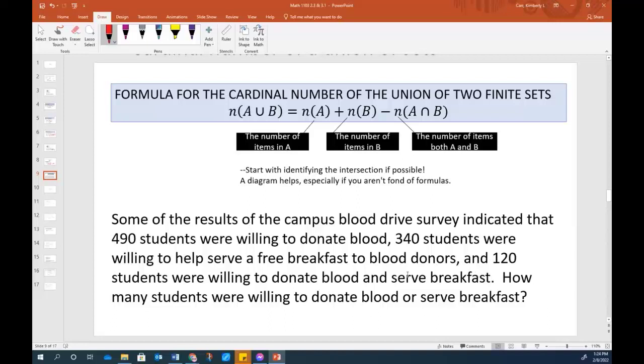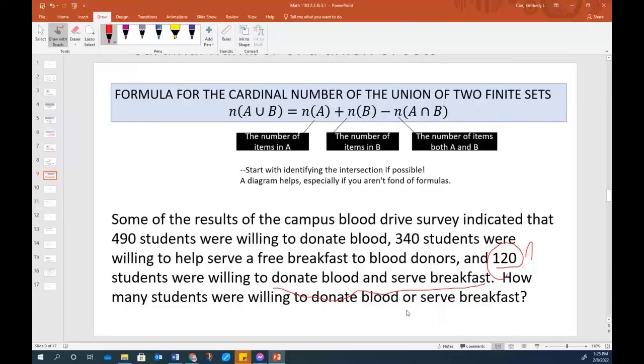and serve breakfast. Since they were willing to donate blood and serve breakfast there, this section right there is the intersection. Okay? So how many students were willing to donate blood or serve breakfast?